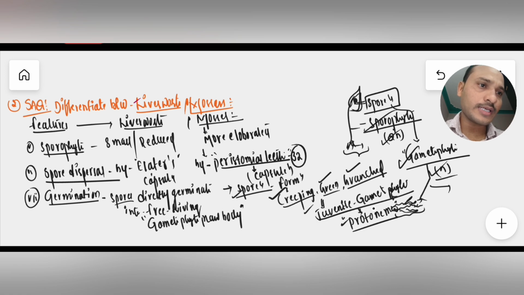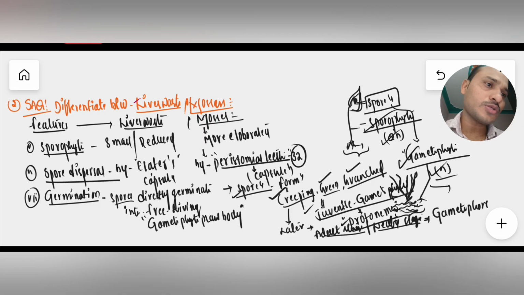Later this protonema develops into the adult or leafy stage, and this adult leafy stage is known as the gametophore stage of the gametophyte plant body.